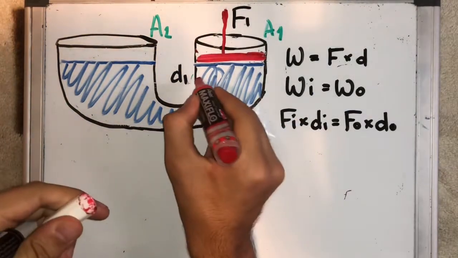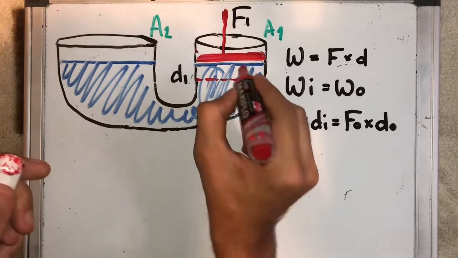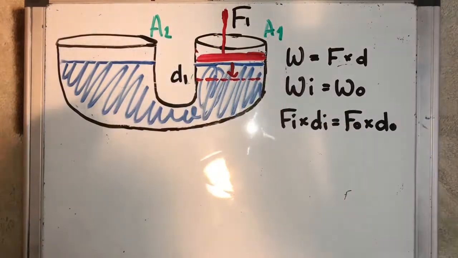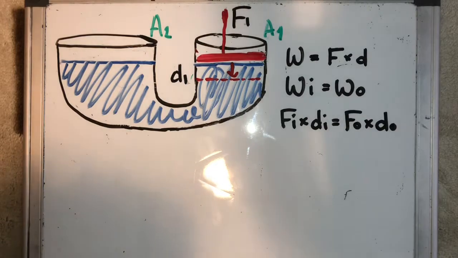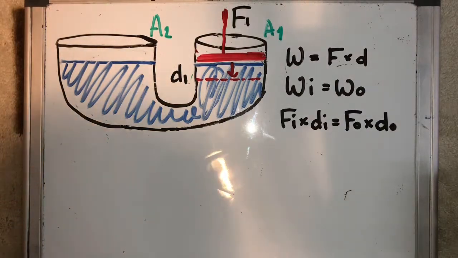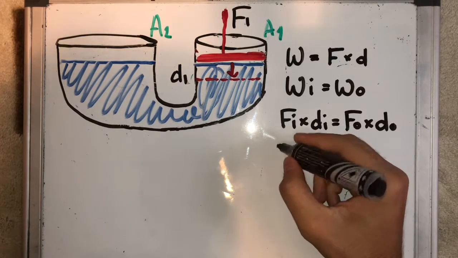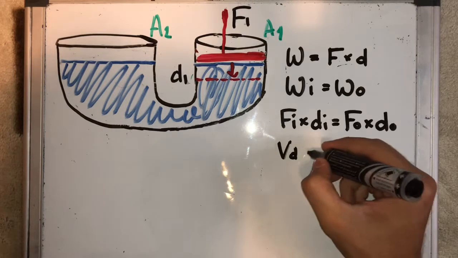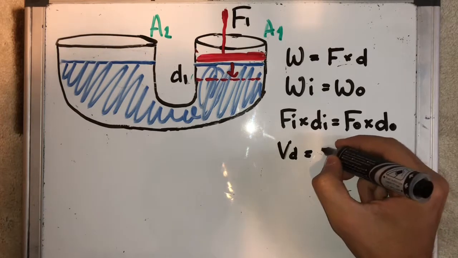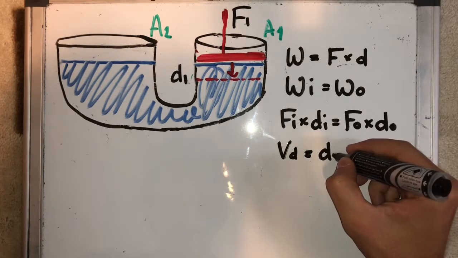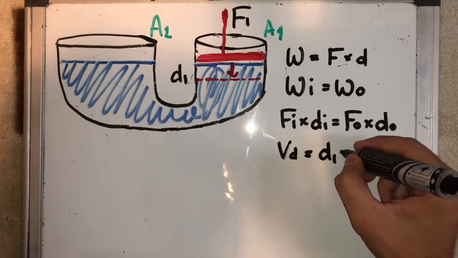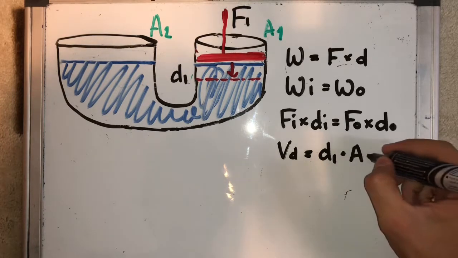So we know that the volume displaced equals the distance pushed times the area on that side. We can say that the volume displaced, or VD, equals the distance on that side, in this case D1, times the area on that side, A1.